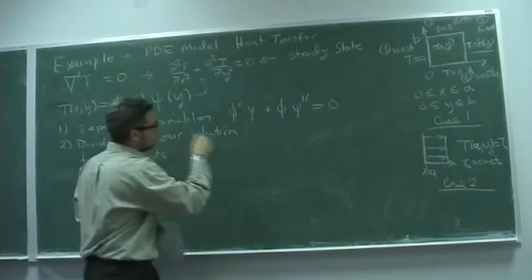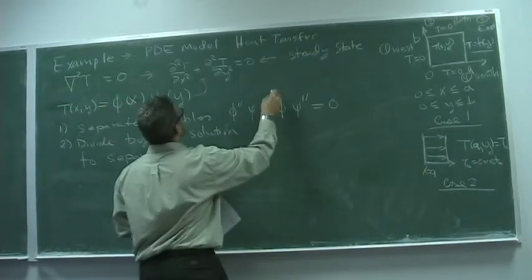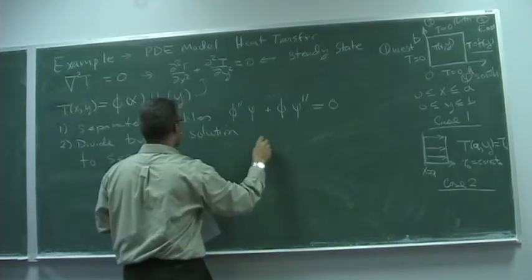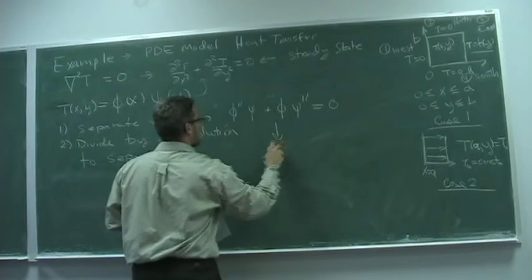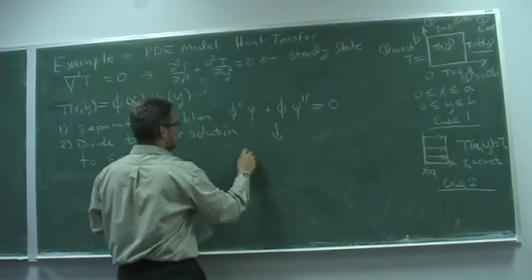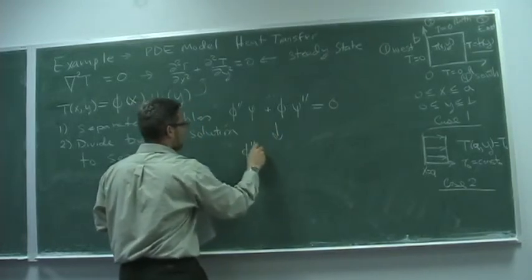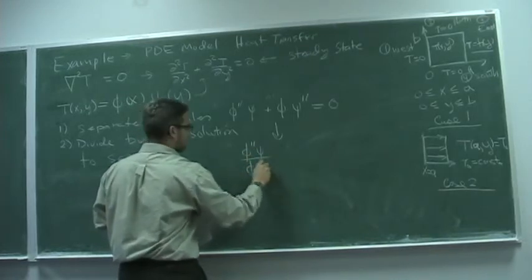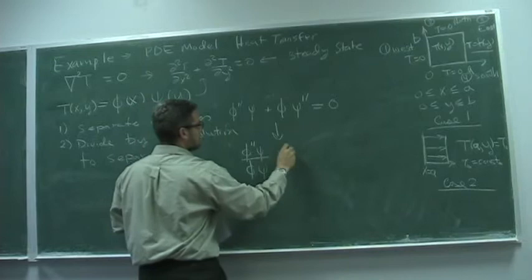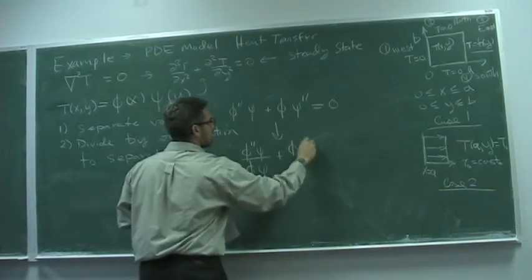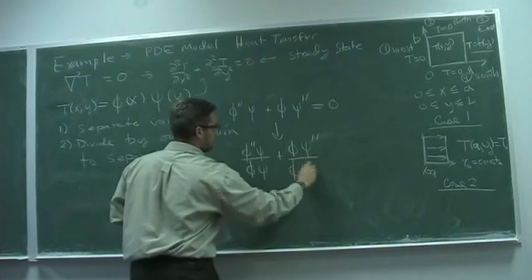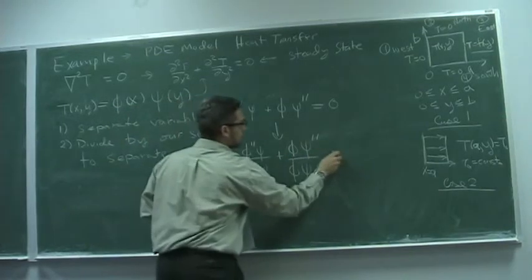So if we divide by our solution here, T, we've got b double prime divided by, plus, equals 0.